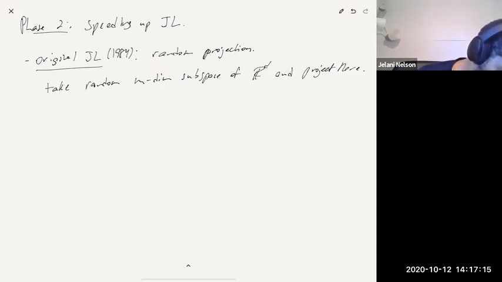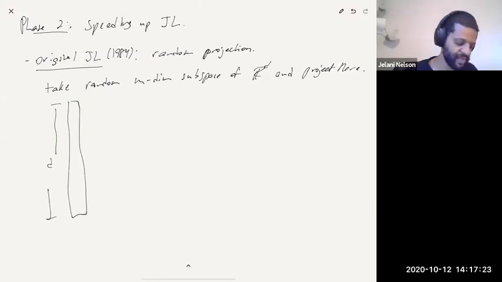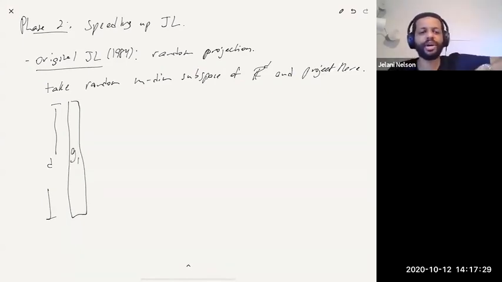So how do I do it? My first vector is in R^D, so it's d-dimensional. I'll just take some random Gaussian vector. Gaussians are rotationally invariant, so you're equally likely to get any angle.